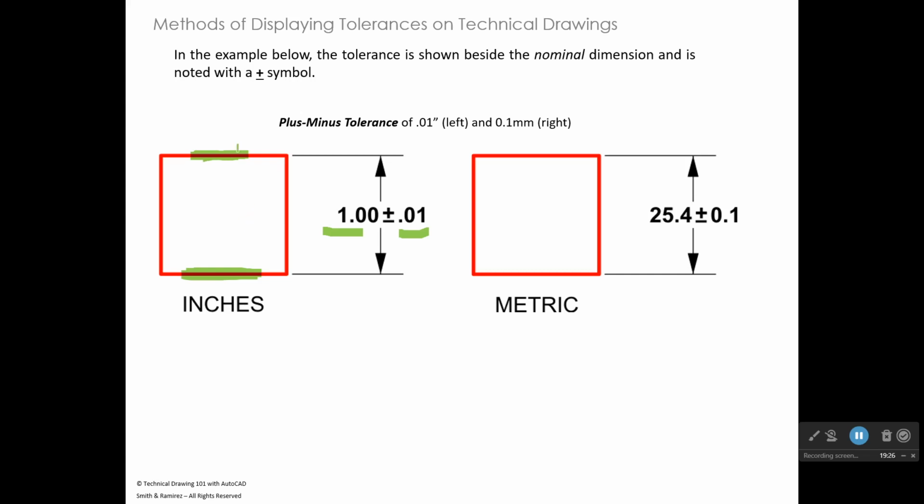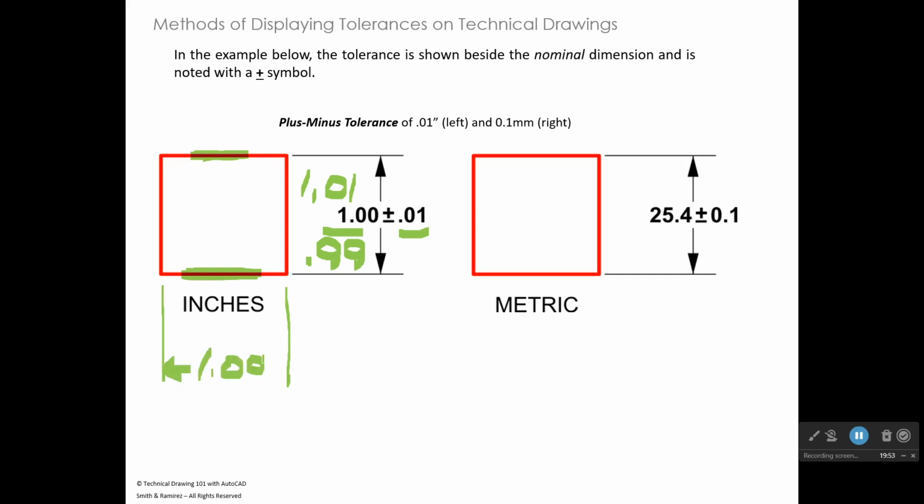So if you measured and this part fell between 1.01 in height and 0.99 in height, then that feature, this distance from top to bottom, would pass inspection. The next feature you would probably measure would be the width, and it would probably have the same kind of thing.